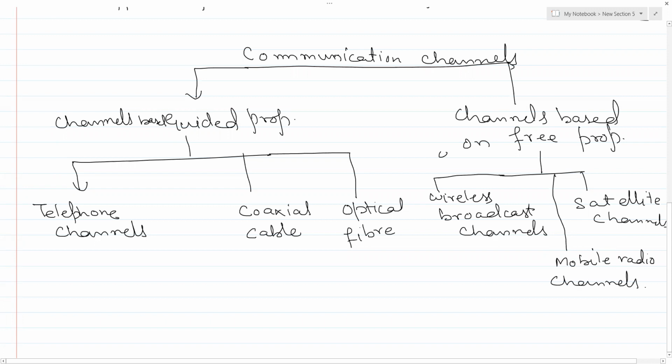So this is the classification of communication channels or media. The broad classification is on the basis of whether the path is guided or not. If it is guided, we have telephone channels, coaxial cable, and lastly optical fiber cable. For unguided communication, you have wireless broadcast channels, mobile radio channels and satellite channels. Done?